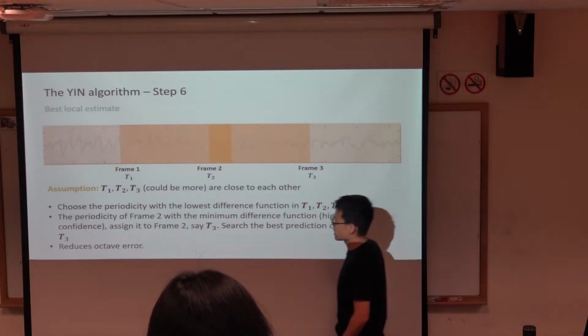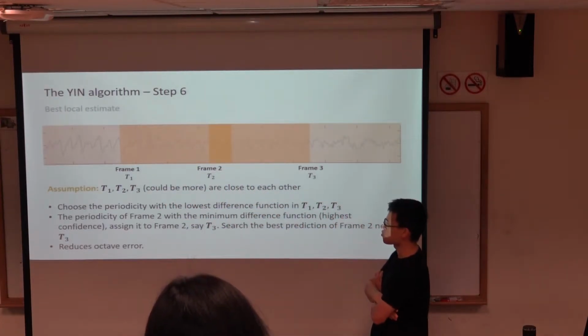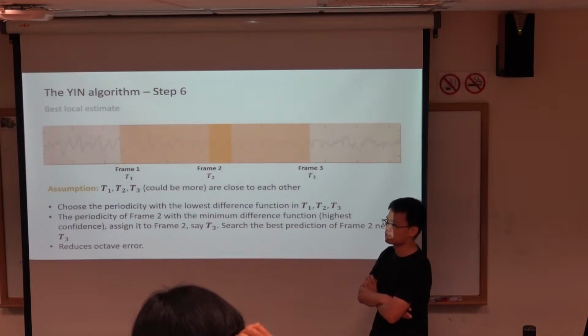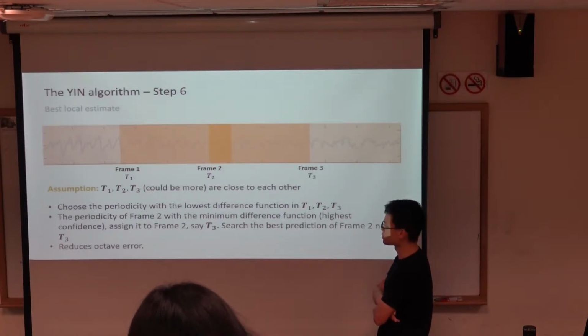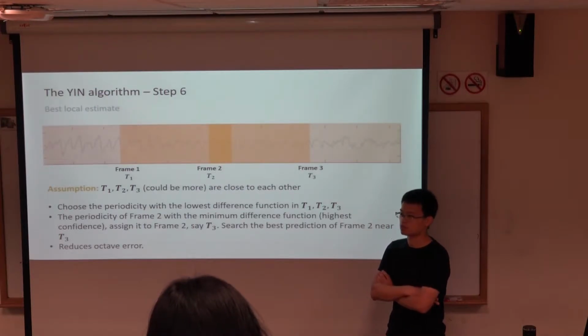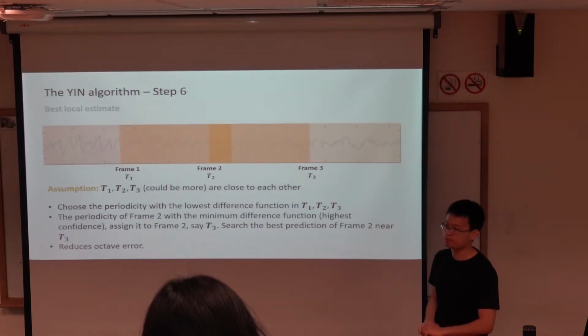And if you remember, for T1, T2, T3, we have a difference function value, or the cumulative normalized difference function value. And that could be treated as the confidence, okay? The closer it is to 0, the higher the confidence.